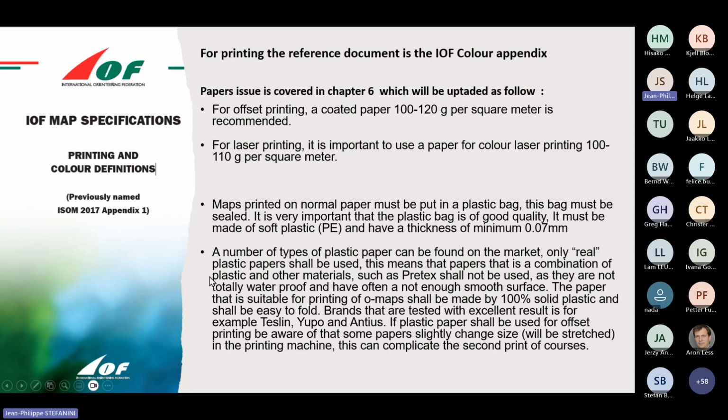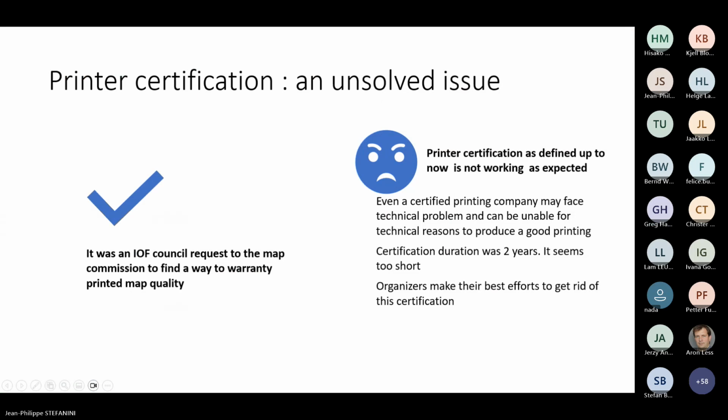Regarding the printing process itself, it's clear that the printing certification process is an unsolved issue, as told by the previous speaker. Even if it was an IOF Council request, it doesn't work as expected.